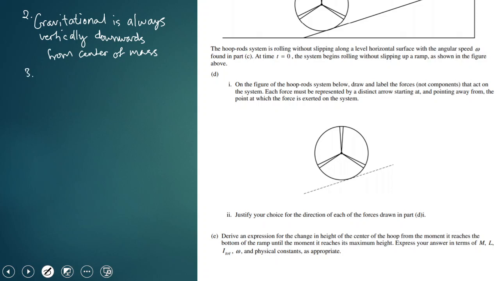And then number 3, frictional force. So it's always opposite. Now in this case, because we're considering rolling without slipping, unlike your traditional motion where it's simply opposed to the direction of motion in general, it has to be, in this case, always opposite to the direction of rotation.